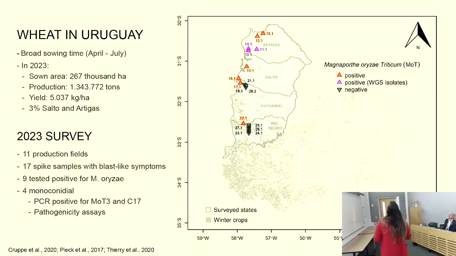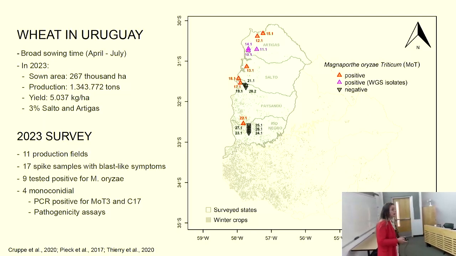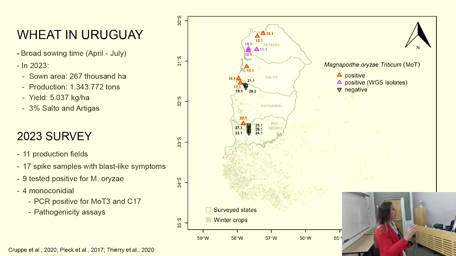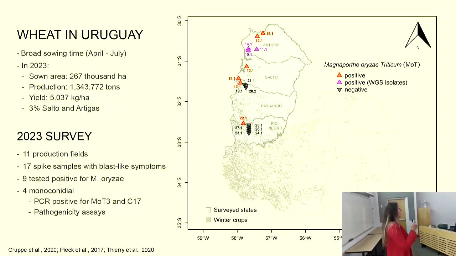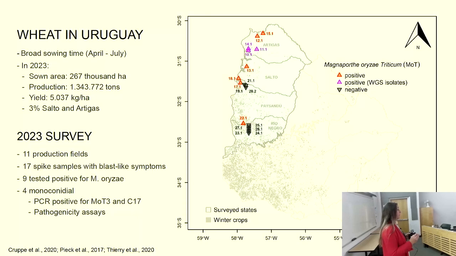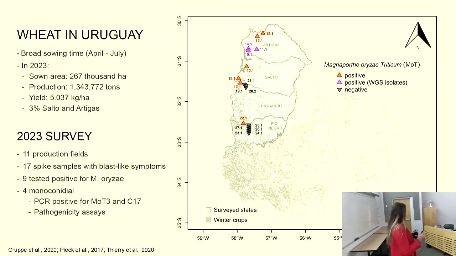So from those 19 spikes, we followed the Koch postulates, right? So identification, isolation, inoculation, and re-isolation, okay? So we got, in the microscope, 9 positive based on the spores characterization.